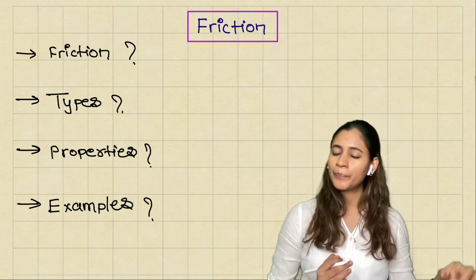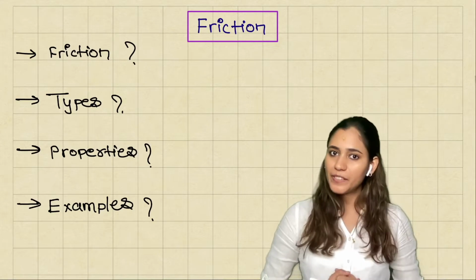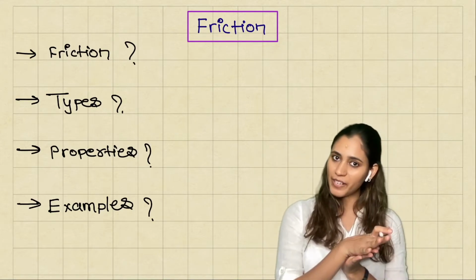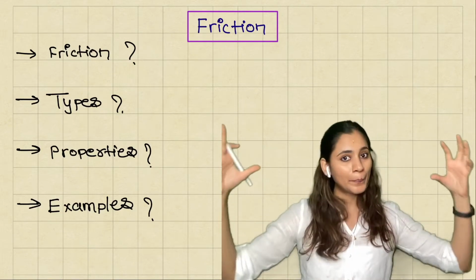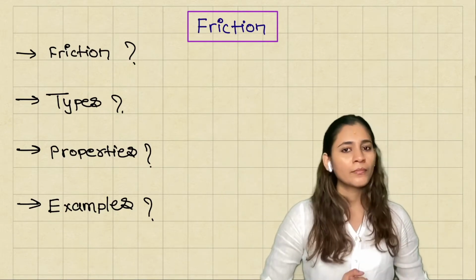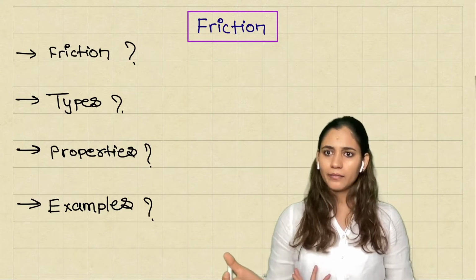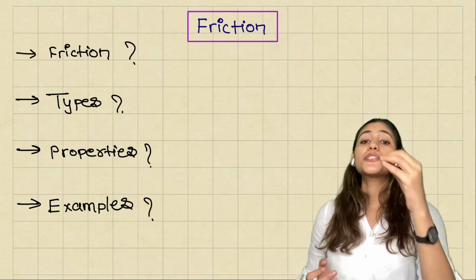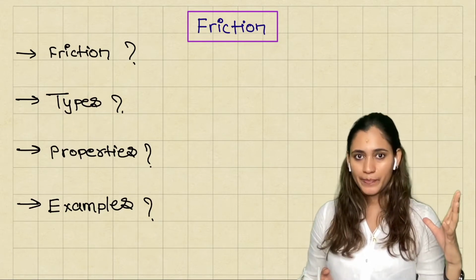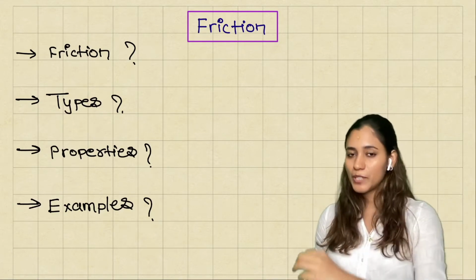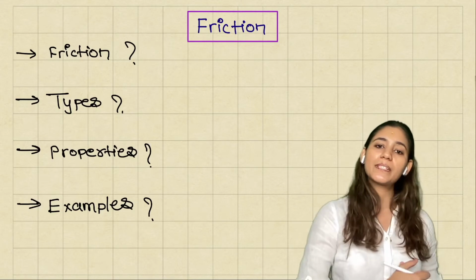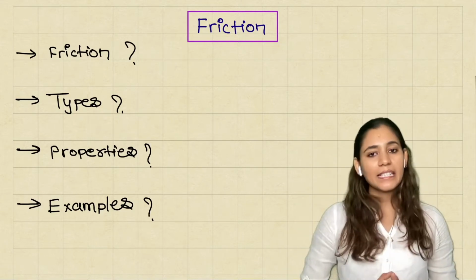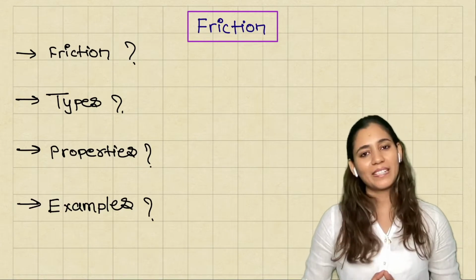Again, I'm repeating, if any object is moving or has the tendency of motion on a rough surface or in some viscous medium like water, air, and many more, then the motion of the object is opposed, and this resistance is known as friction.